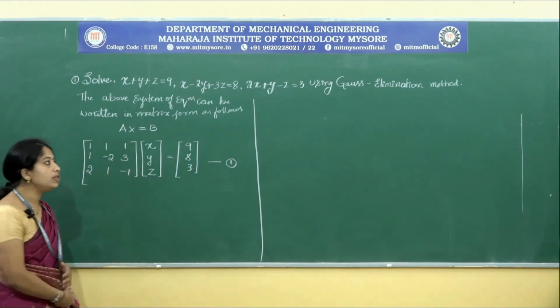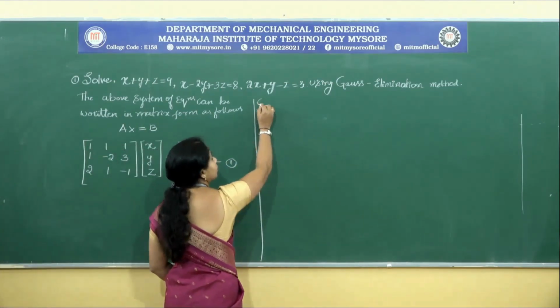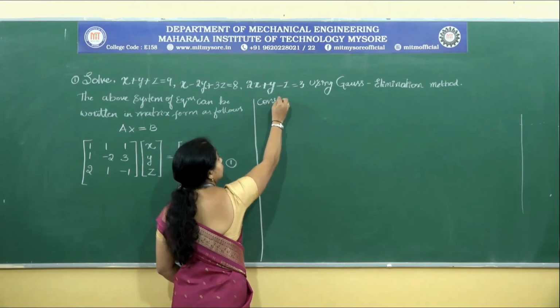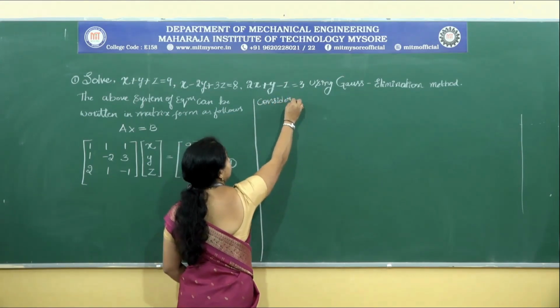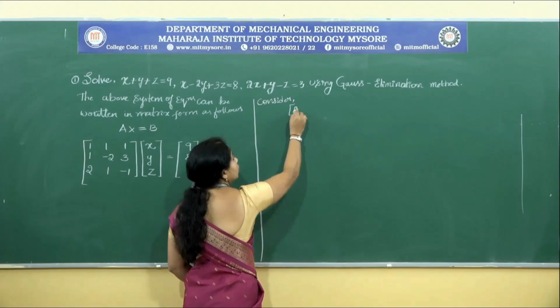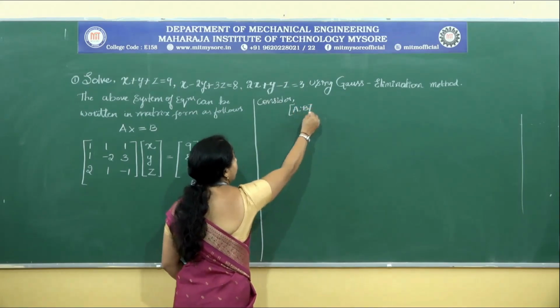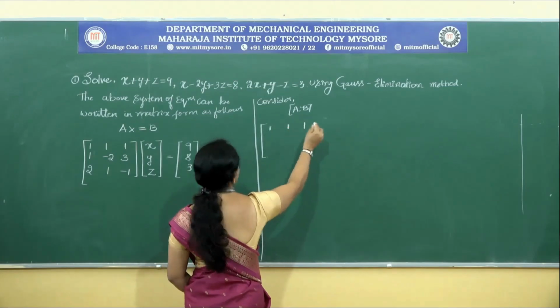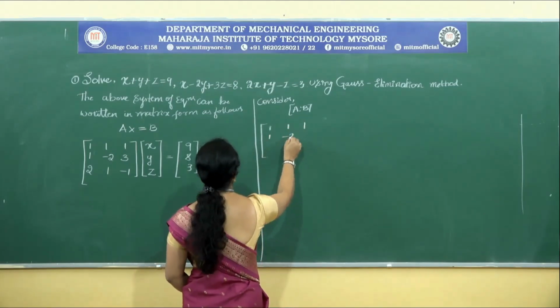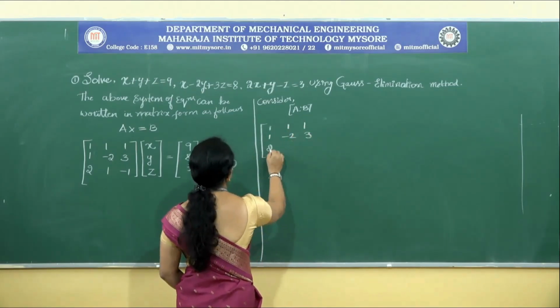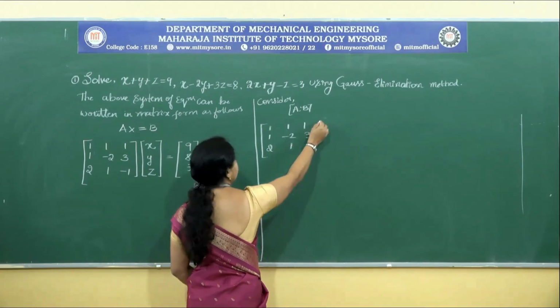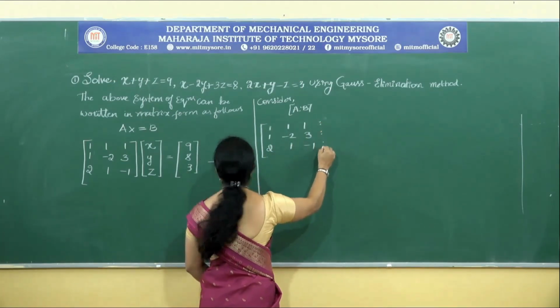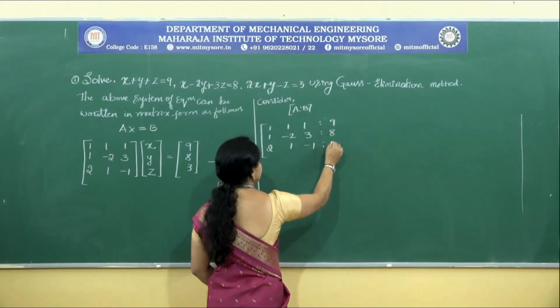Now we are supposed to consider the augmented matrix, that is 1, 1, 1, 1, minus 2, 3, 2, 1, minus 1, 9, 8, 3.